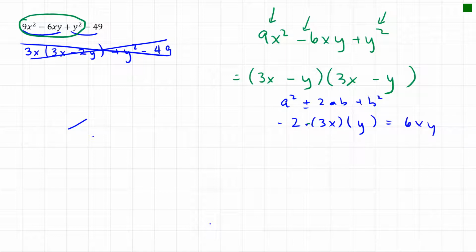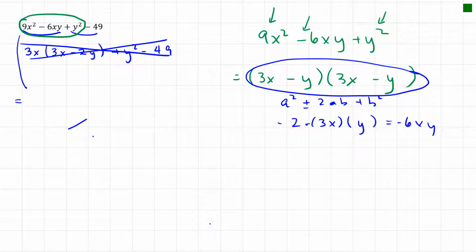And I've got negatives there. So that works. That means that I have just factored the first 3 terms of that four-term expression. So now I'm going to rewrite this as 3x minus y times 3x minus y minus 49.